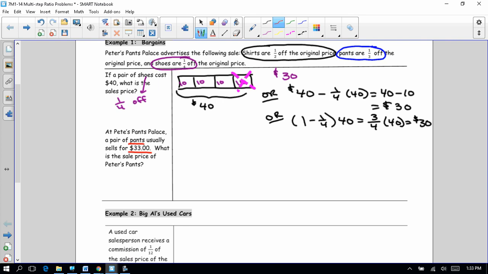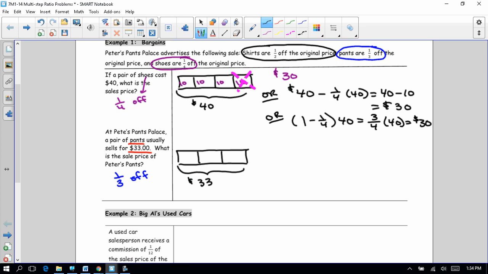Well, if I go back up to the top, it said that pants are 1/3 off. Well, I'm going to start like I did a minute ago with my tape diagram. All right, there's my tape diagram. Represents the entire total percent, or total cost, which was $33. I want to take it and cut it into thirds, because that's what it's telling me, 1/3 off, so I'm going to cut it into thirds.